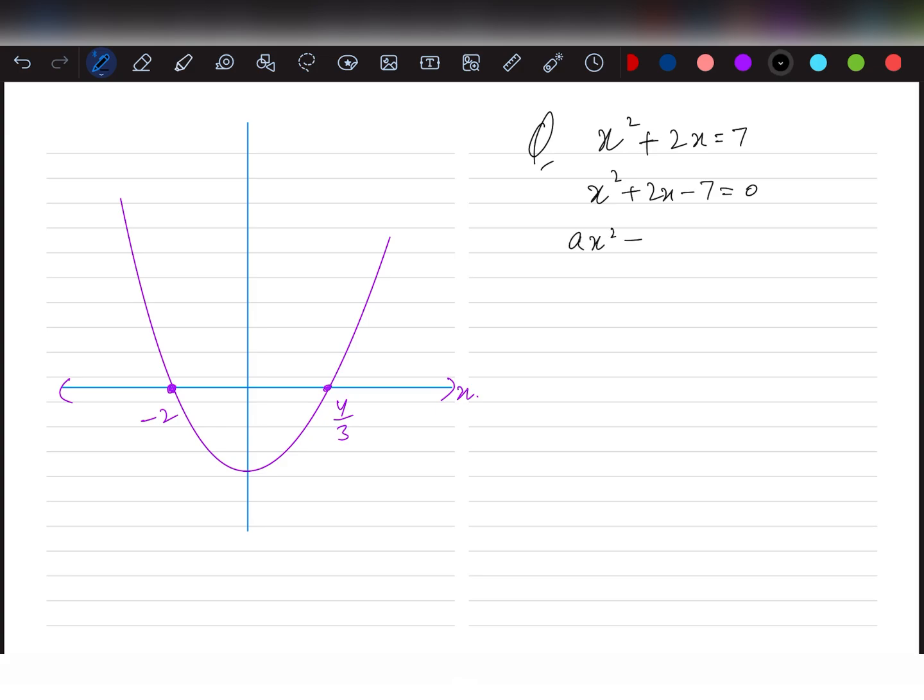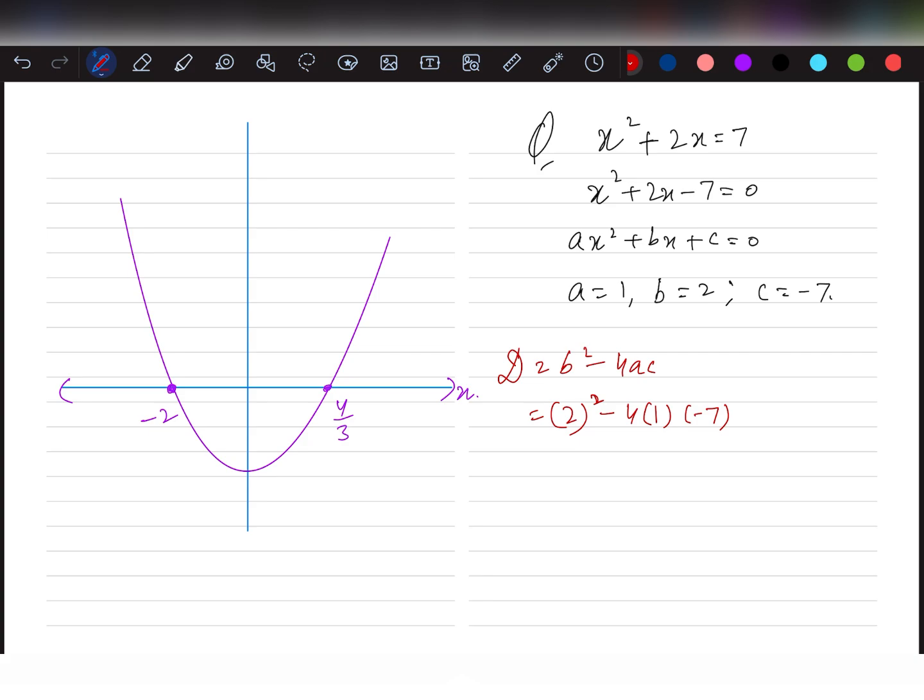If we compare this with the general equation, here we have a equals 1, b equals 2, and c equals -7. Let's figure out the value of the discriminant. D equals b squared minus 4ac, which is 2 squared minus 4 times 1 times -7.